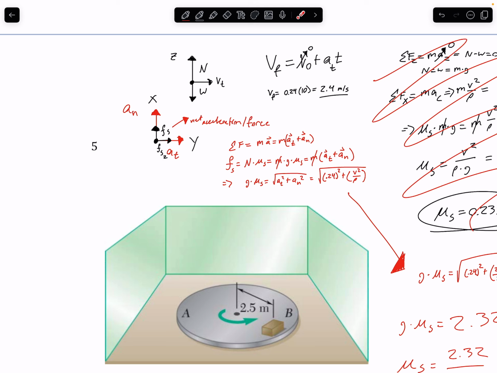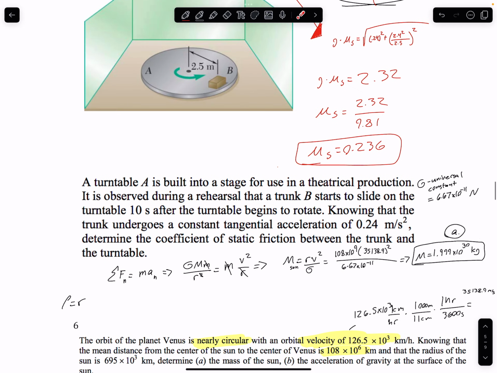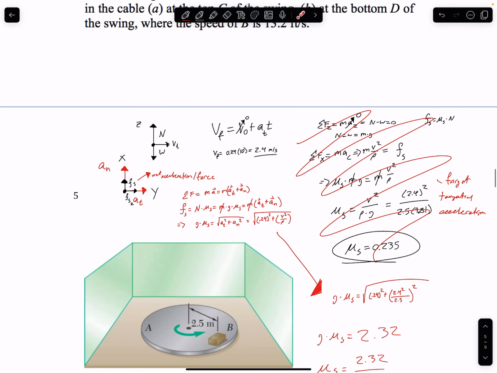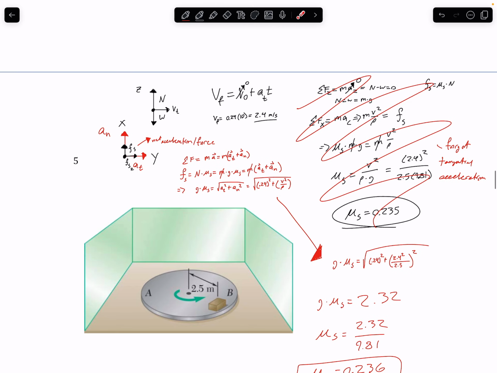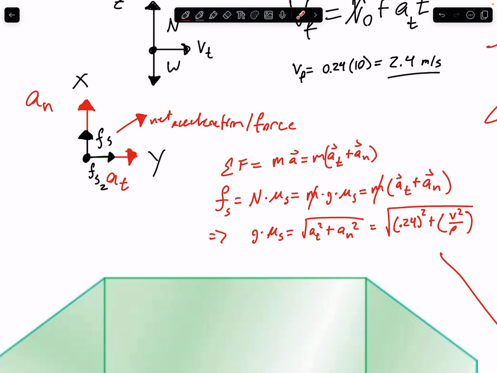Since it's a constant acceleration of 0.24 meters per second squared on the turntable, we can use a kinematic equation. And since it takes 10 seconds at 0.24 meters per second squared, the final velocity is 2.4 meters per second. And so the sum of all forces is equal to the mass times the acceleration in the directions.